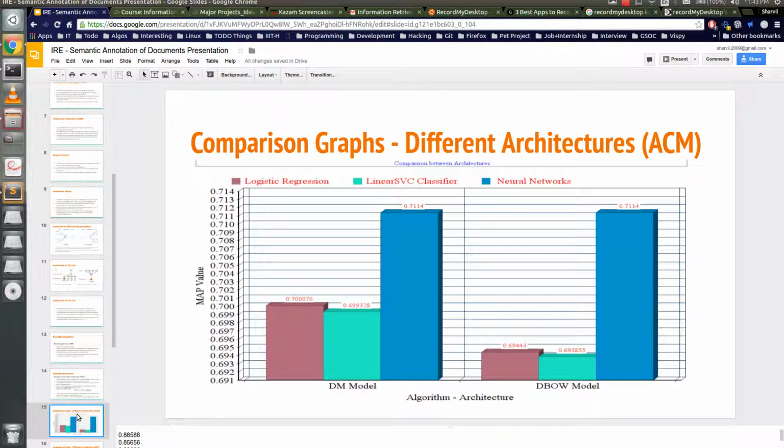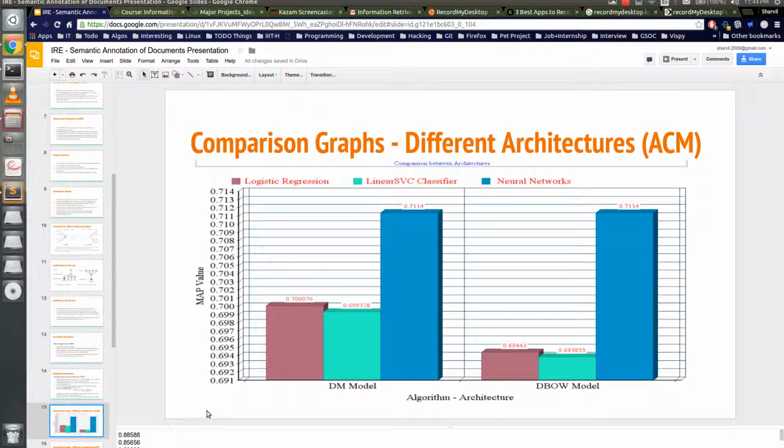For the ACM dataset, we use 3 different classifiers: logistic regression, the linear SVC classifier, which is an SVM classifier with linear kernels, and neural networks. The neural networks we implemented from scratch, possibly the reason why the values for that are a little higher as compared to the others.